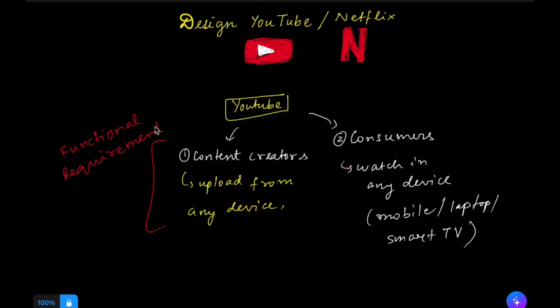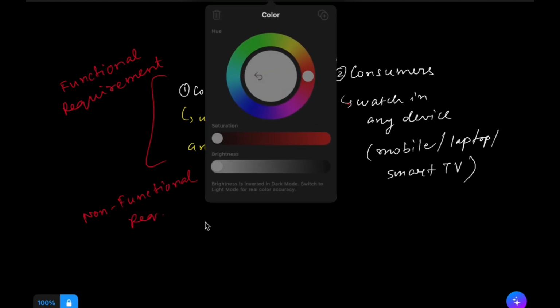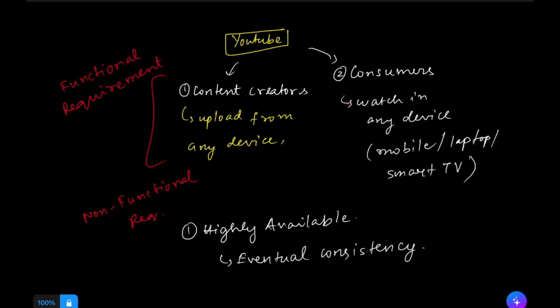And if there is a functional requirement, then it would also come with a tag-along non-functional requirement. So the non-functional requirement is that our system should be highly available, right? By available, we mean the videos should be available to the consumers at one click, and for that we follow eventual consistency. So why do we follow eventual consistency? To ensure high availability of videos across different regions.